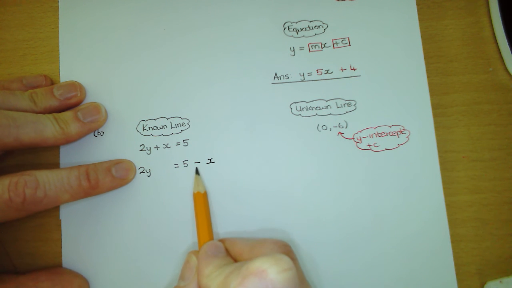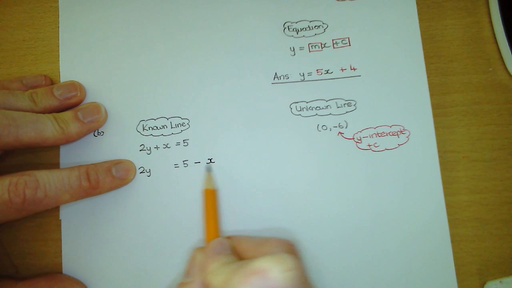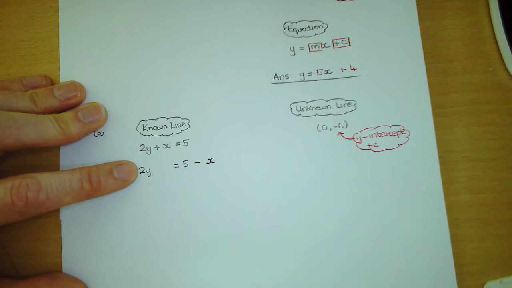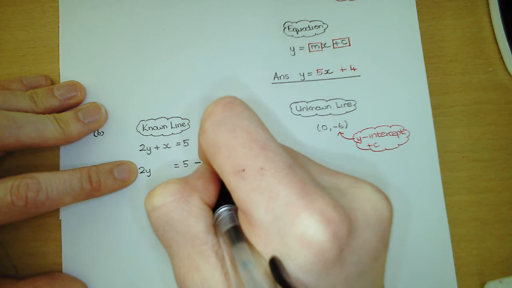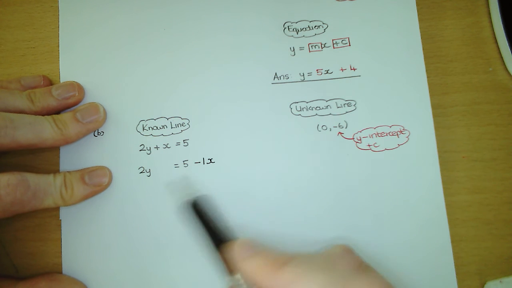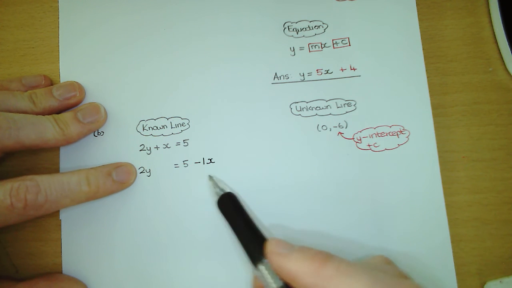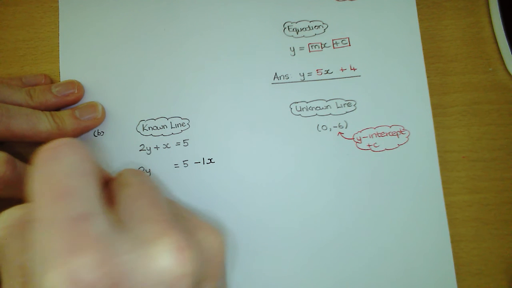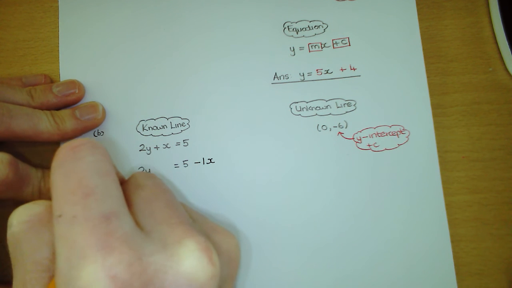But before you divide, if you notice any letters which don't have a visible coefficient before them, insert a 1. So see the way this x here is only a sign before it, I'm going to insert a little 1 before it. That's important before we divide. So I'm now going to divide through by 2.